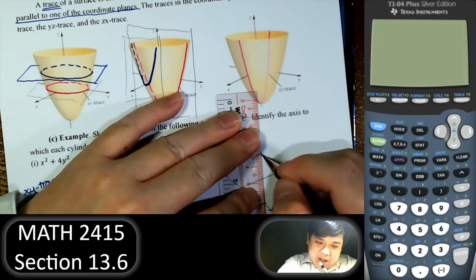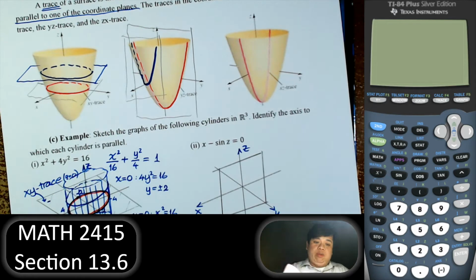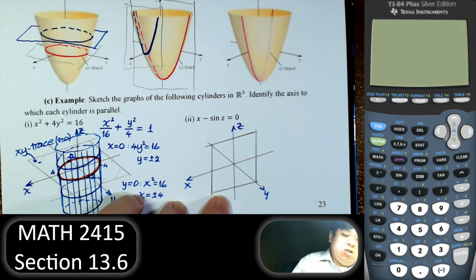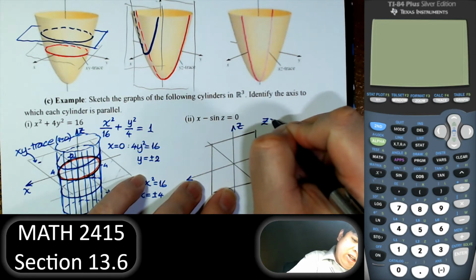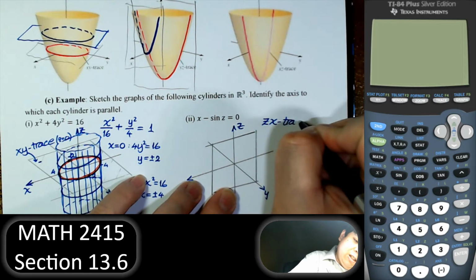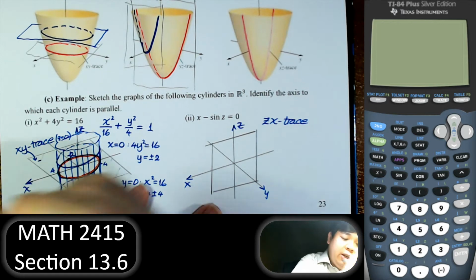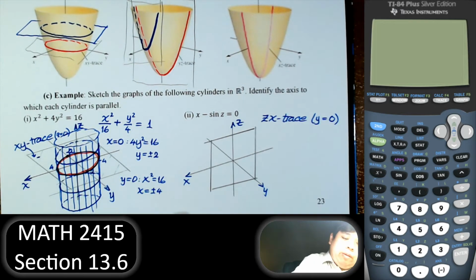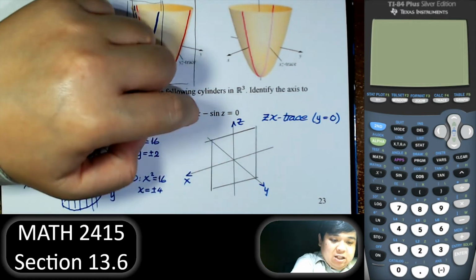So that means we're talking about the xz plane, and now we study the zx trace. So we have the zx trace, meaning that y is equal to 0. Right. x equals sine z.